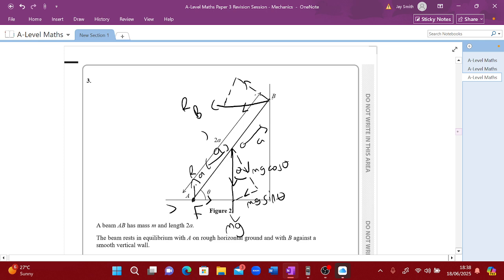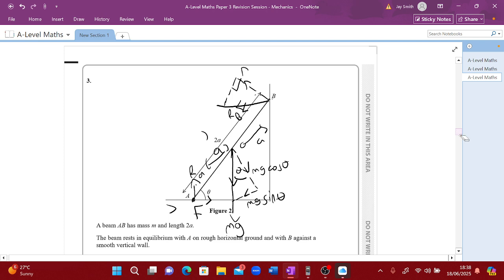So RB is going to act there. So then that will be a 90-degree angle because the parallel and the perpendicular component meet. So that's RB. But we need to work out this component here.